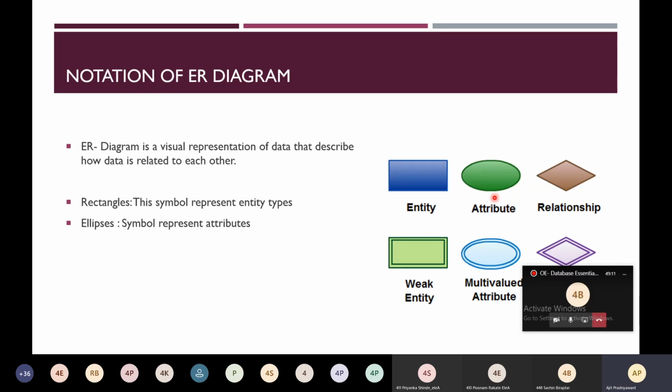So if you have attributes, you have to represent them in the ellipse. Next is diamond. This symbol represents relationship types. So this diamond represents the relationship. These are the standard notations, and you have to make use of all these notations to draw the ER diagrams.